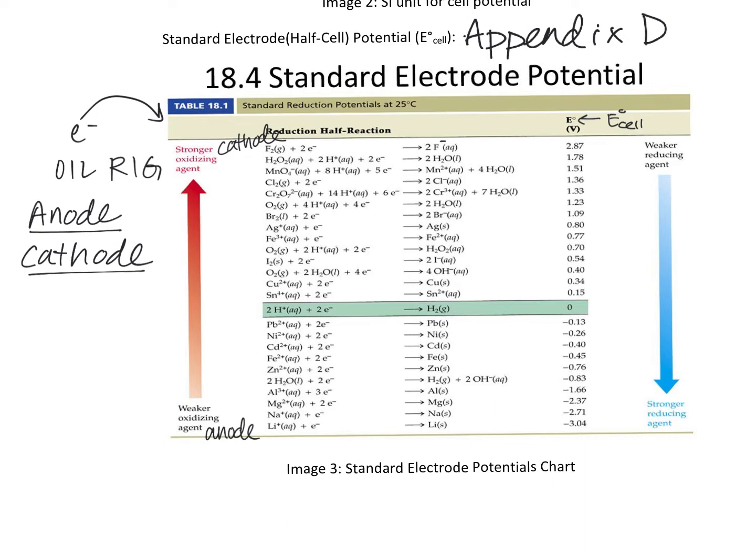So if you took the half reaction of fluorine with this peroxide and put them together, and asked which one is more likely to be the cathode, the one with the higher positive value is always going to be the cathode, and the one with the lesser positive or more negative value is going to be the anode if you want a spontaneous reaction.